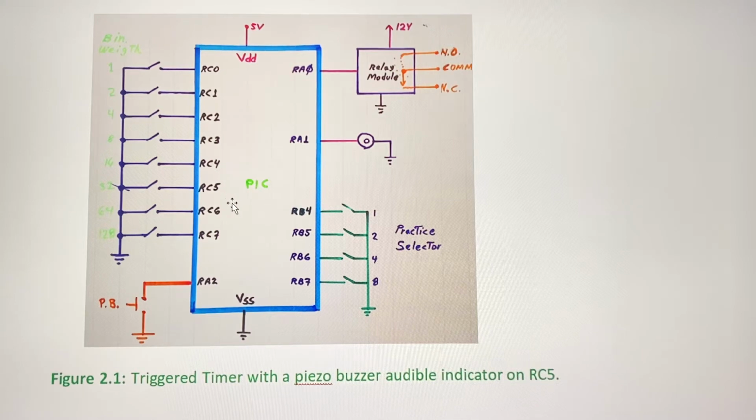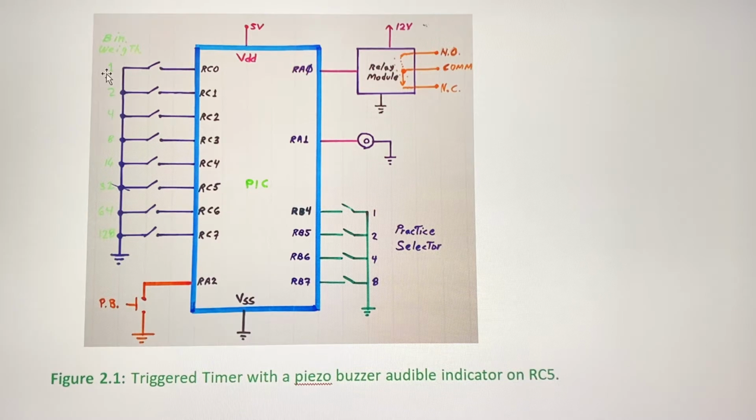Right here you can see in this PIC micro, the 1619. And we have port C as the port that programs the amount of time that we want to control this relay module. The RC0 is the least significant bit, and it has a binary weight equal to 1.